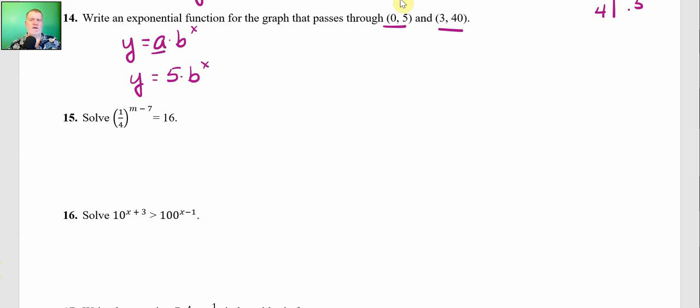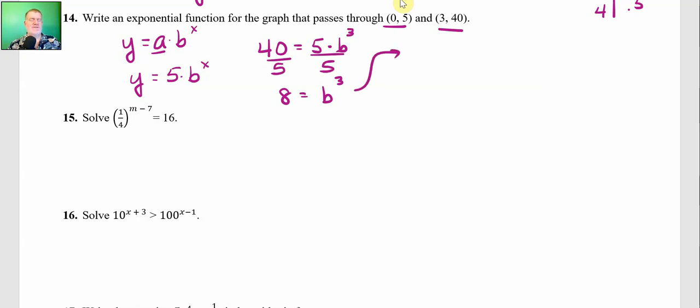I know my y value will be 40. I've got my 5. I don't know b, but my x value is 3. All right. Divide both sides by 5. I get 8 equals b cubed. All right then.